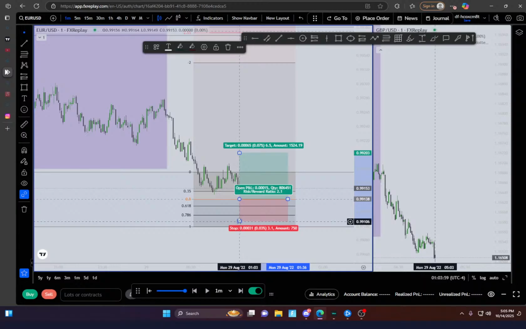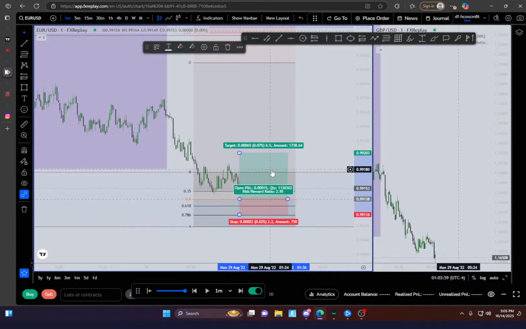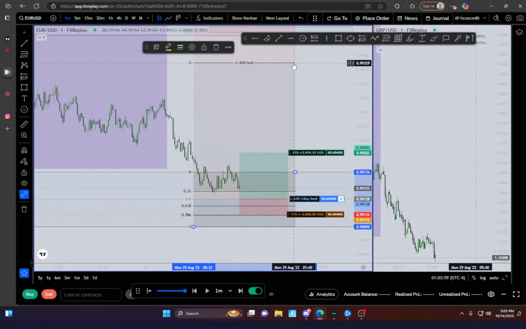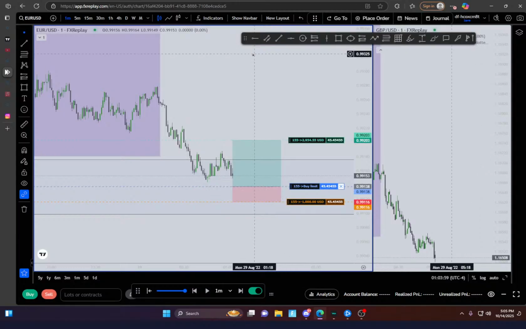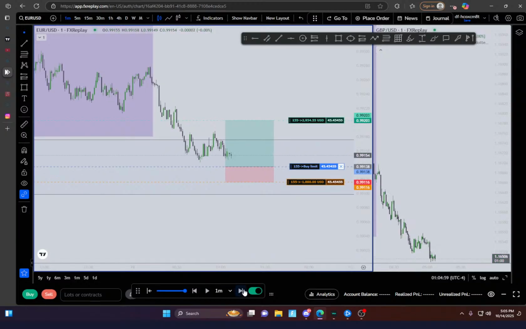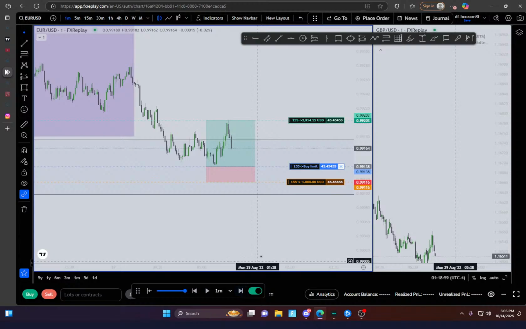Let's say taking out that OTE. Let's do that. And this would be a nice entry. Instant reaction up. Oh, somebody better get smacked. Not me though.